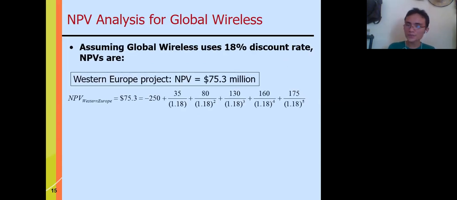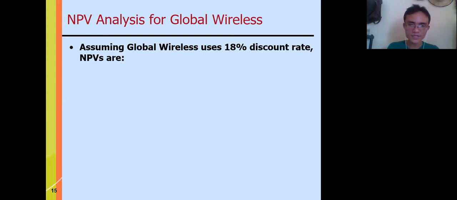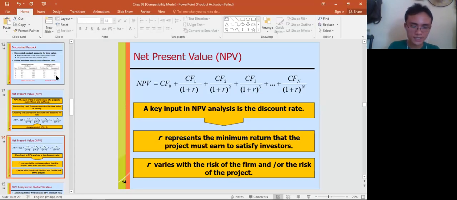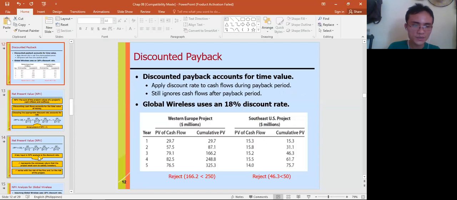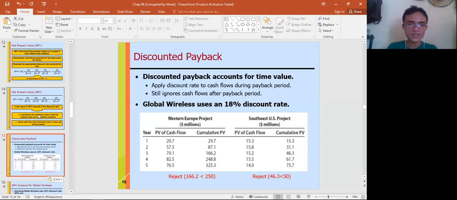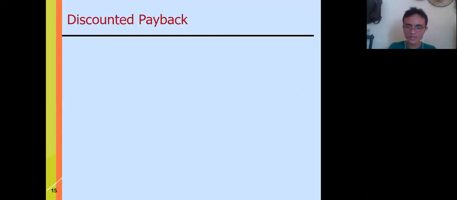We have already computed the present values, if you can recall, in the discounted payback period, right? So we can just get the total of those. Let's go back to that, or let's copy it so that it will be close to the NPV here. Okay, so here it is.